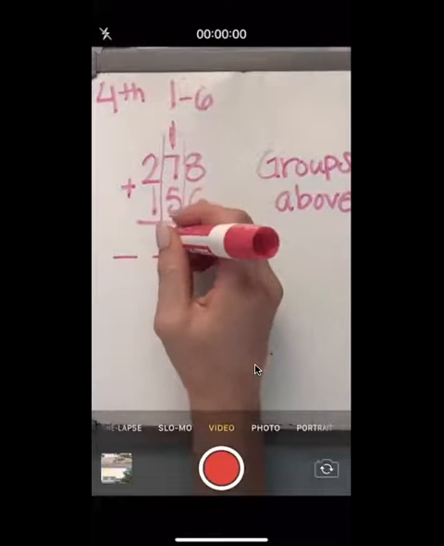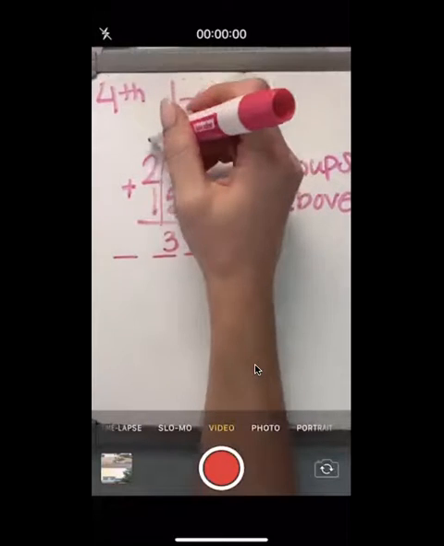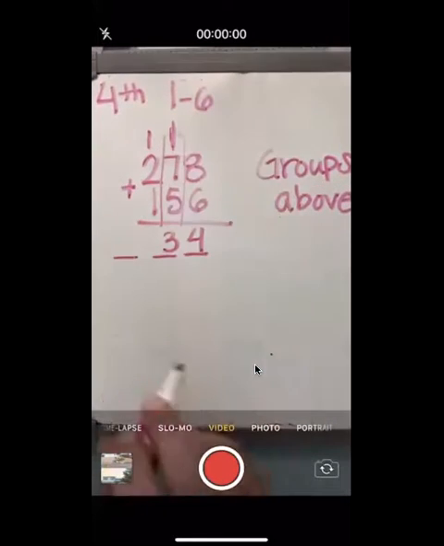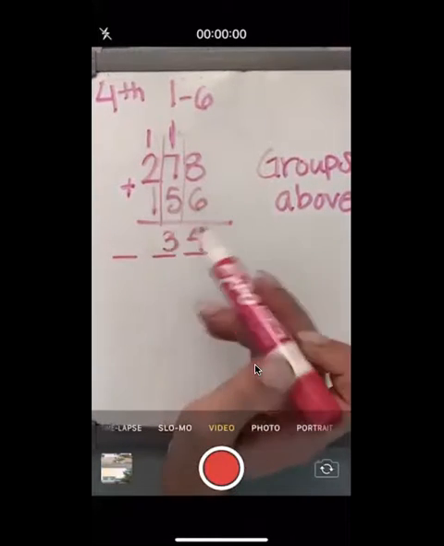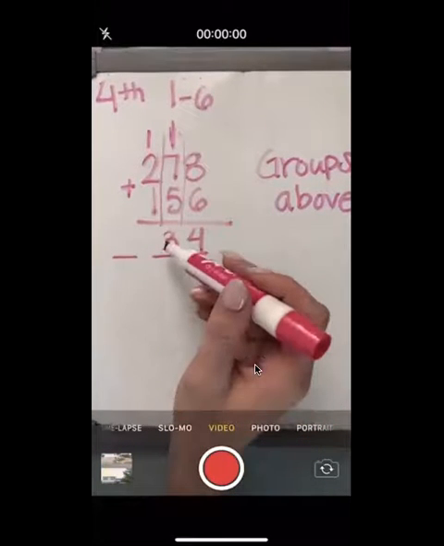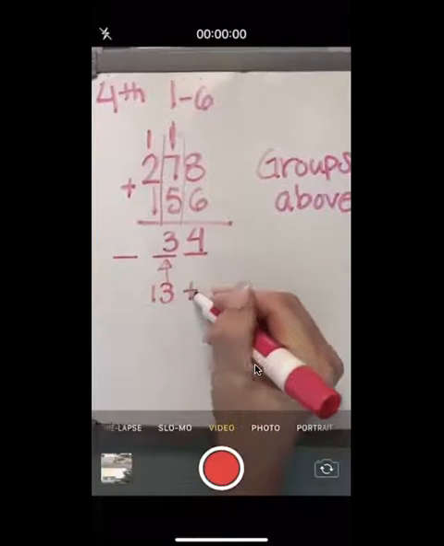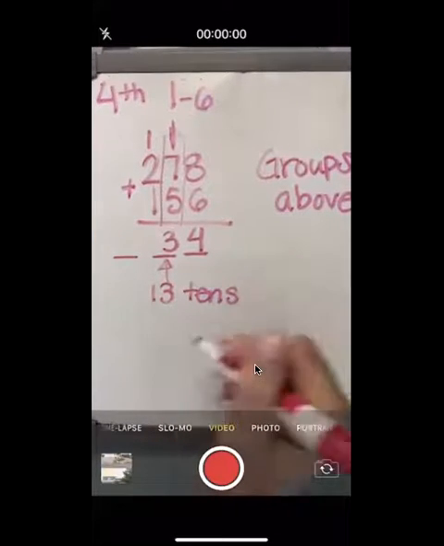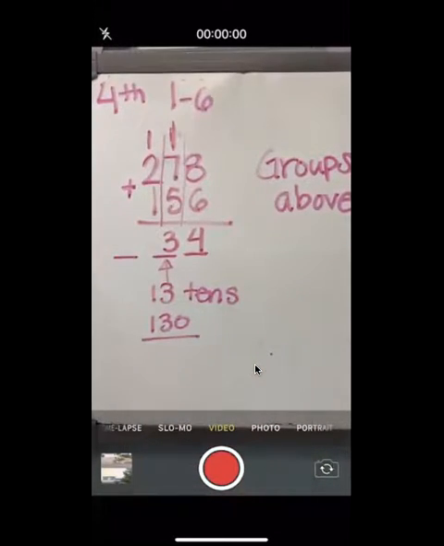So I had 13, so here's my 1s. Carry that extra group over here. Well, that actually was now a group of 10 becoming a group of 100, because it was 13 tens, which is actually 130. So when I carry this 1 over here, it's not just a 1, it's actually a group of 100 now.